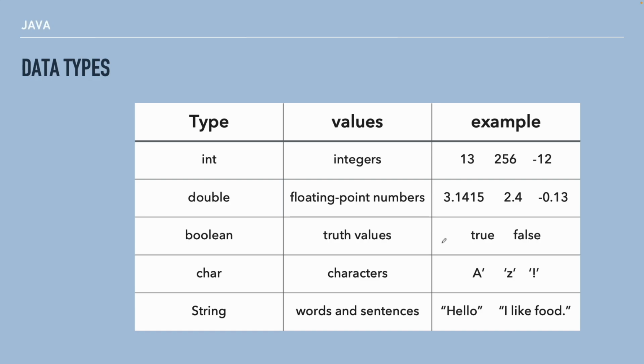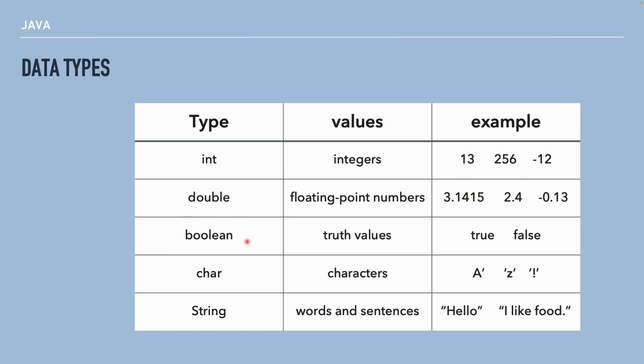We have int, which stores integers, so your whole numbers, like what you see on the top over here. You have your double, let me use the laser pointer, which essentially are floating point numbers, in plain English, decimal numbers. So positive or negative decimal numbers are double data types.